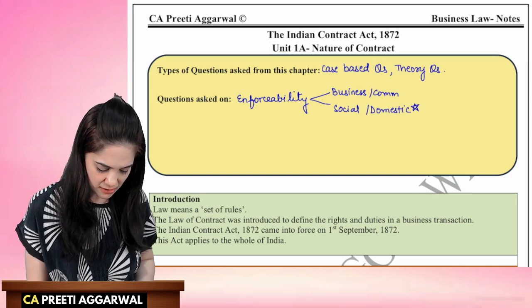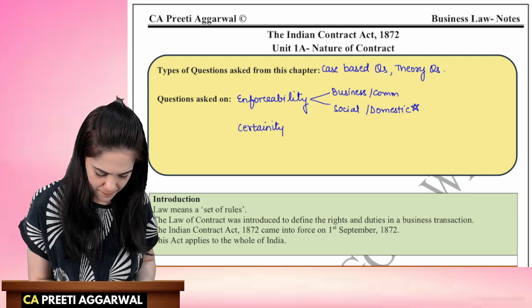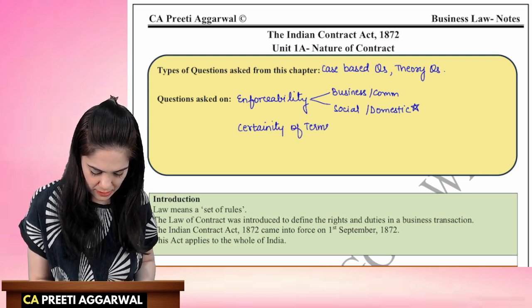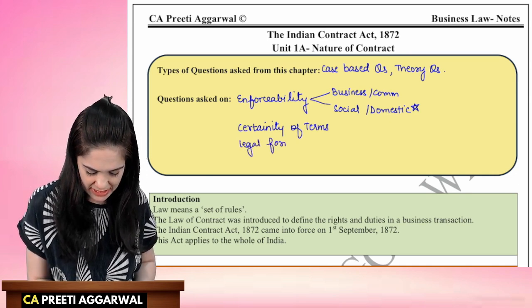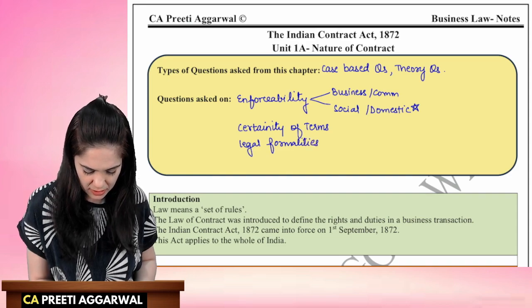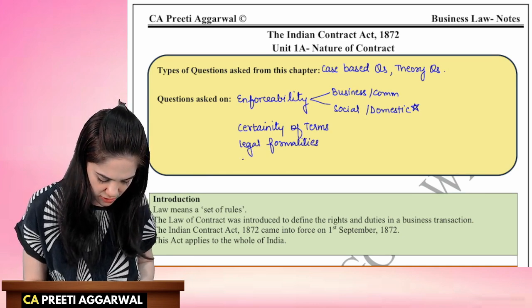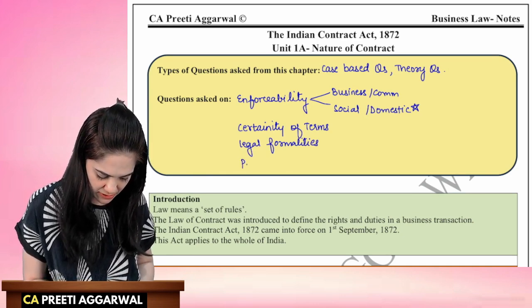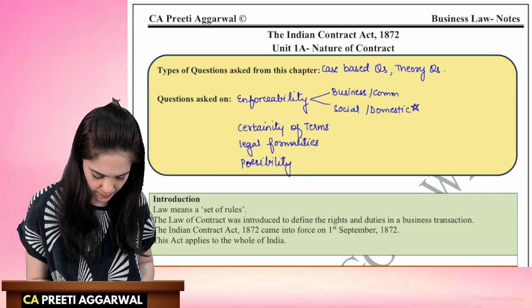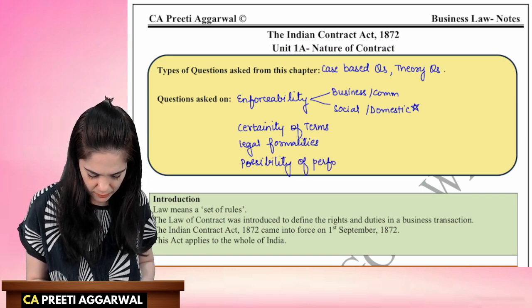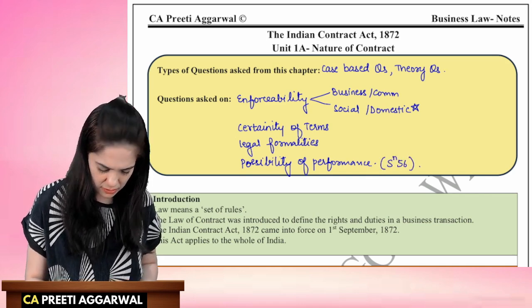Then questions are generally asked on certainty of terms. Questions are asked on legal formalities. These are various elements. Okay, so a question may be framed around these concepts: enforceability, certainty of terms, possibility of performance. So questions are generally asked on these topics.